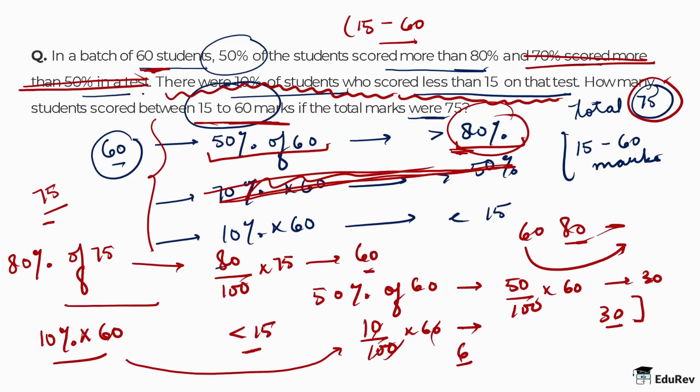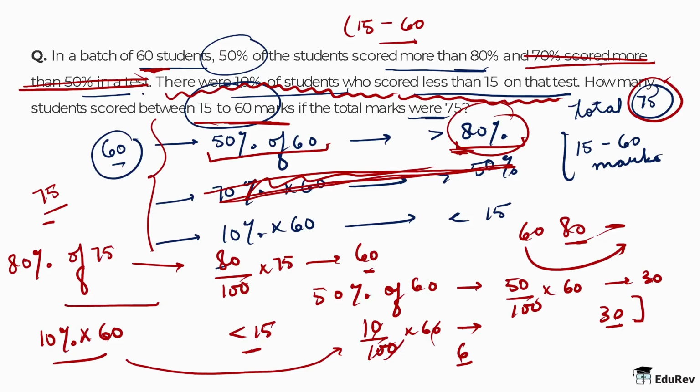So now you can see that the students who scored less than or equal to 60 has to be 30, and the students who secured less than 15 has to be 6. So the students who secured between 15 and 60 can be easily obtained by these two numbers: 30 people who secured less than or equal to 60, and 6 people who secured less than 15.